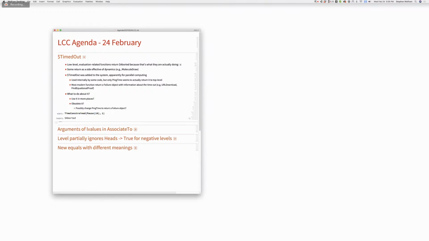And it's used internally in a couple of places, like people decide internally to pass around, but things like URLDownload or whatnot, if they time out, they return a failure object. And so the difference between aborted and timed out is aborted was actively stopped.